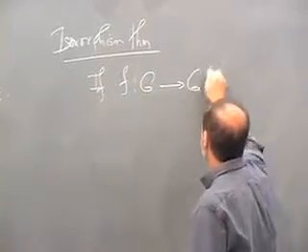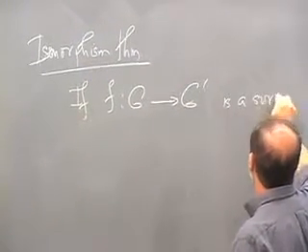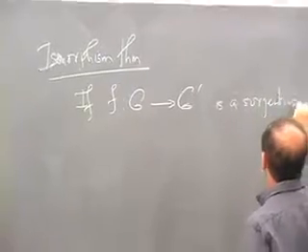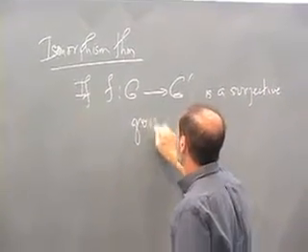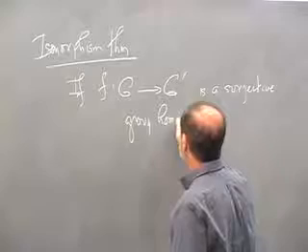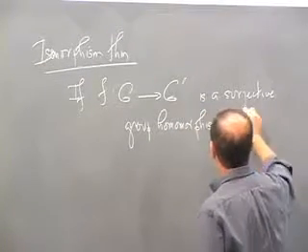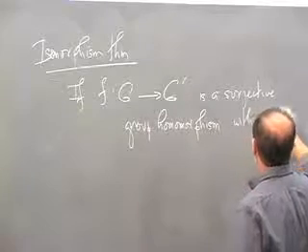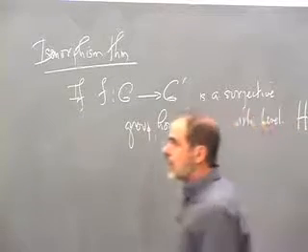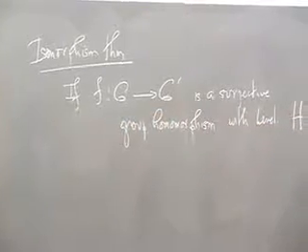It says if f from G to G prime is a surjective group homomorphism with kernel H, and here's an example of one.